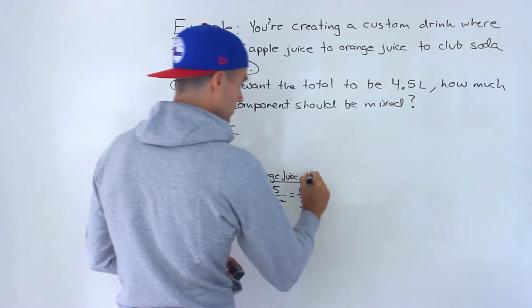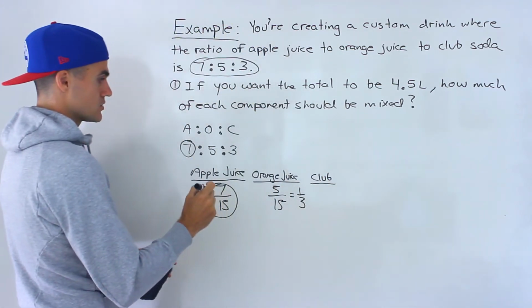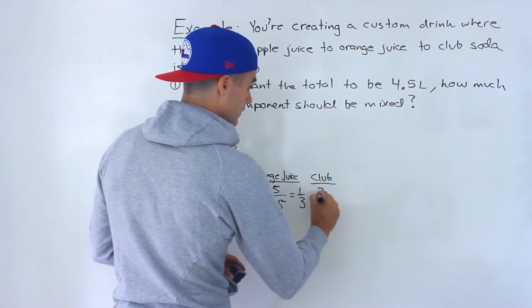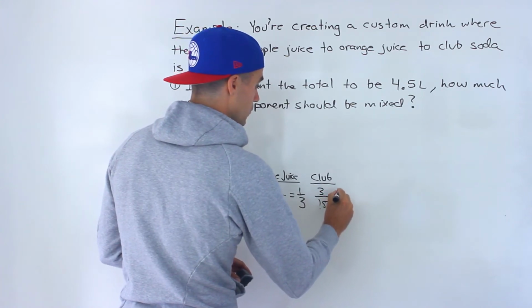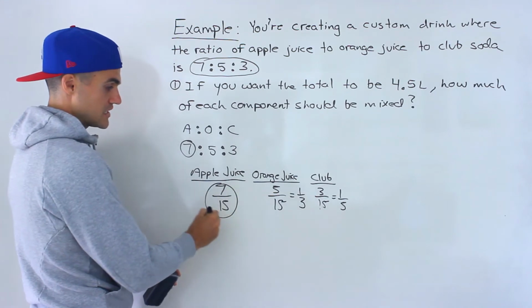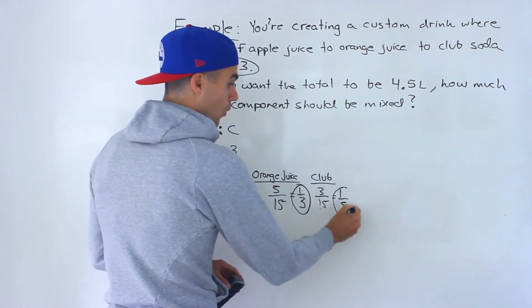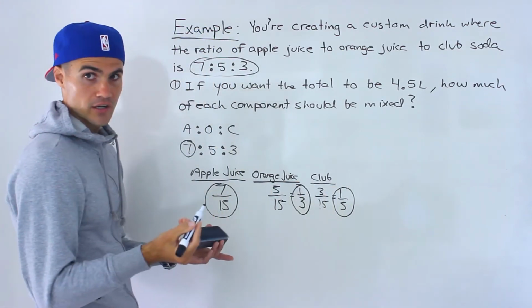And then the club soda, I'll just put club over here, is going to be 3 over 15. And that simplifies to 1 over 5. So 7/15 of the drink is apple juice, 1/3 of the drink is going to be orange juice, 1/5 of the drink is going to be club soda.